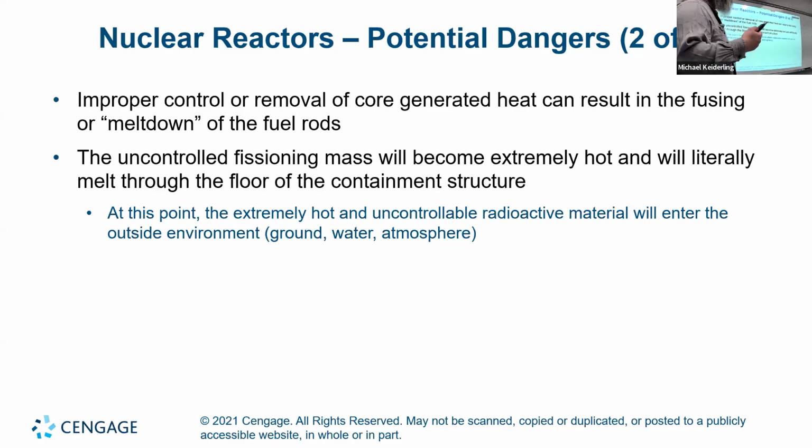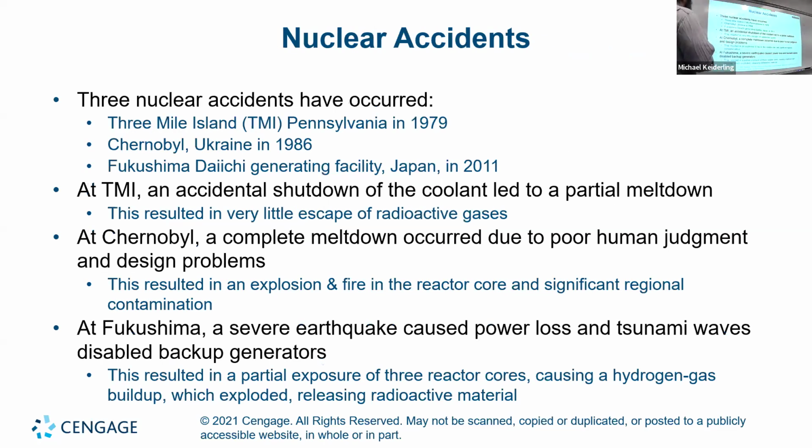And when your fuel melts, you get horrible radioactive problems. The uncontrolled fissioning mass will become extremely hot and will literally melt through the floor of the containment structure. And it generally also causes a steam explosion, scattering radioactive material around. The extremely hot and uncontrollable radioactive material will enter the outside environment, the groundwater and atmosphere. Not good.